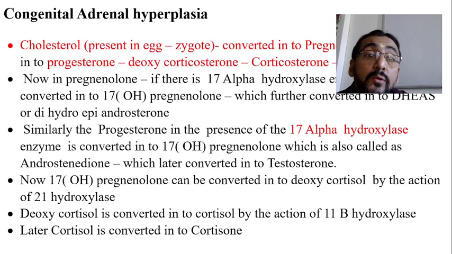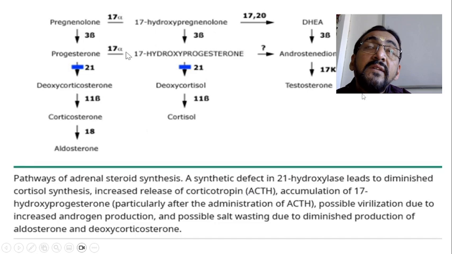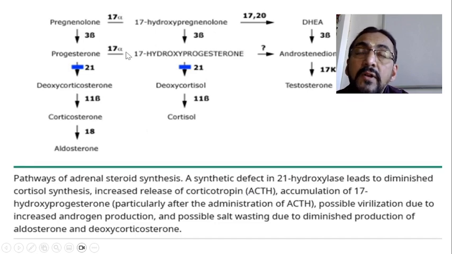But I told you that androgens will be increased in excess in case of congenital adrenal hyperplasia. In the beginning I told, but that part I am not explaining now.